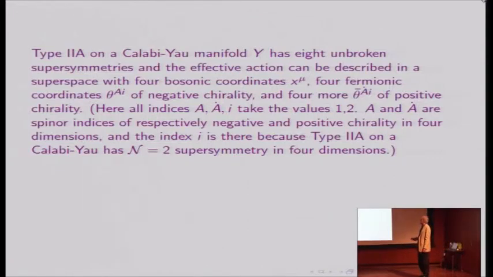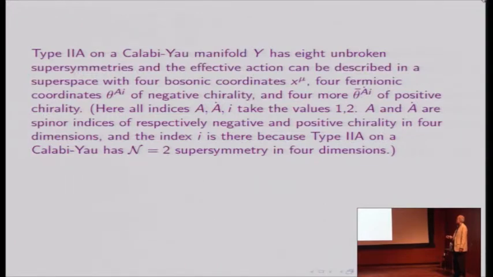Now, type 2A on a Calabi-Yau manifold has 8 unbroken supersymmetries. So we can describe the space-time effective action in a superspace with 4 bosonic coordinates and 8 fermionic coordinates. But it's convenient to break up the 8 fermionic coordinates according to their chirality. So in 4 dimensions, we have spinors of positive or negative chirality. So we have 4 fermionic coordinates of negative chirality and 4 more of positive chirality.